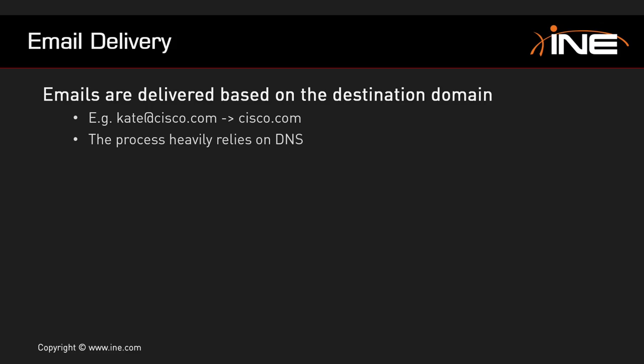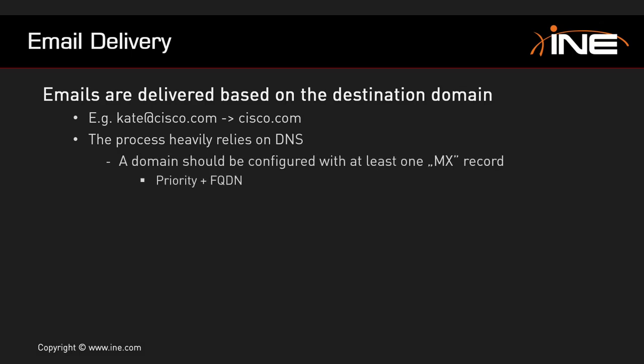And this is the main difference from a normal web resolution. We will not be looking for the A record, at least not in this step. What we will look for instead is the MX, mail exchange, record.